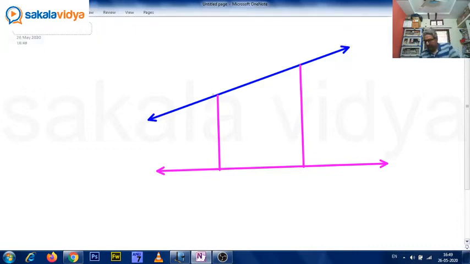Right. Suppose this is A point, and this is B point. This is a line joining A point and B point. A coordinates are, say, x1, y1, z1, whereas B coordinates are x2, y2, z2.